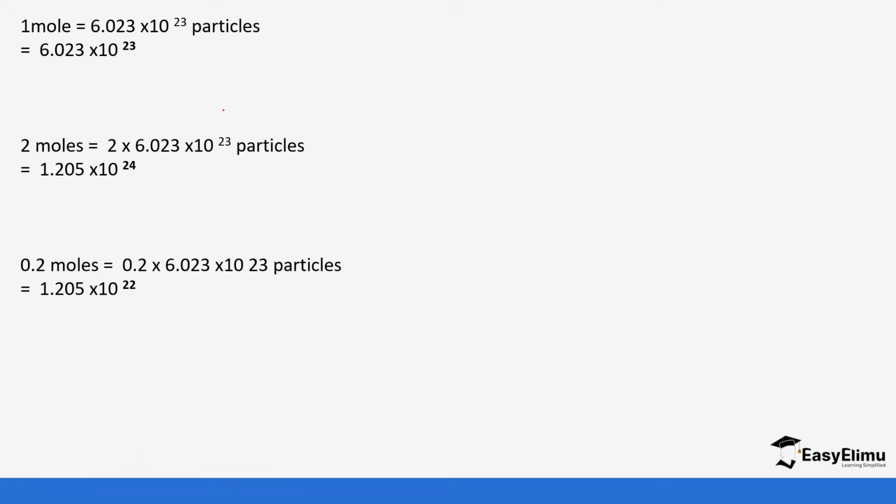When we do that multiplication, you notice that the power of the 10 reduces. This is because of the decimal place, so make sure you're able to see that. You can use your calculator to get these calculations, for example if you are given 0.0065 moles.